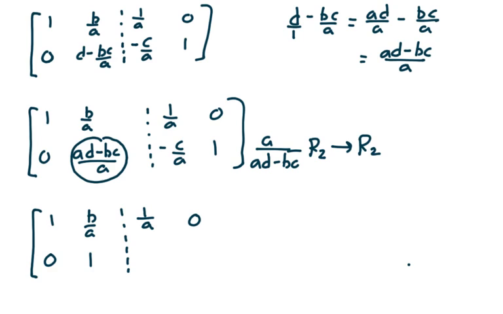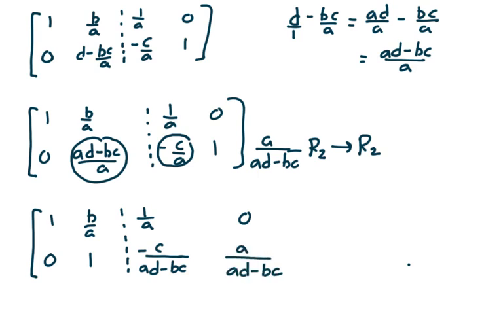Now, the bottom row. Notice, if I take negative C over A and multiply it by A over AD minus BC, the A's will cancel. And we should get negative C over AD minus BC. And then the other entry is going to be A over AD minus BC.